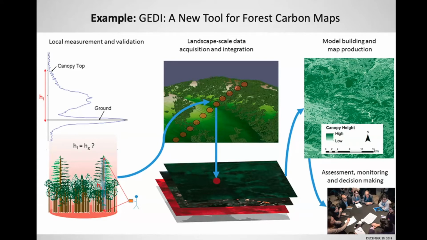This is a tool called GEDI, which stands for the Global Ecosystem Dynamics Investigation. It's basically a high-resolution laser scanner that was sent up to the International Space Station a couple of years ago. Right now it's up there measuring really precise forest canopy height, canopy vertical structure, and surface elevation.